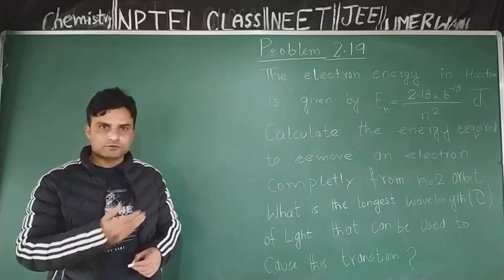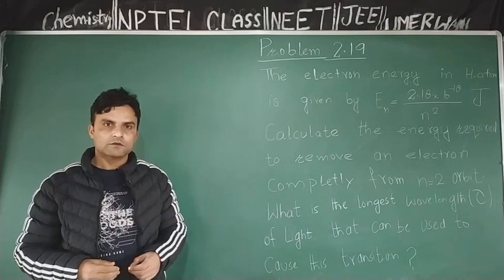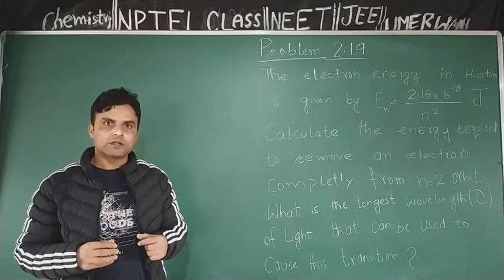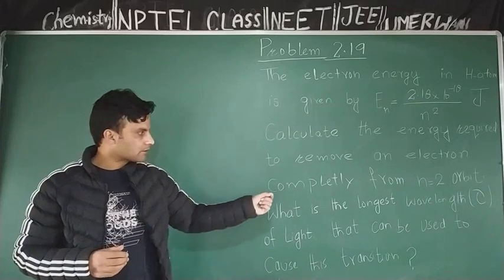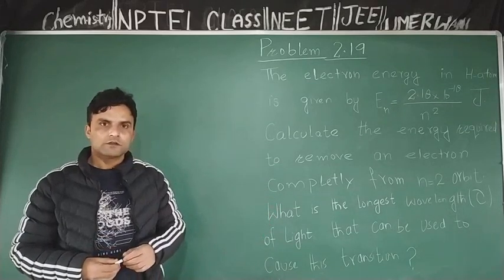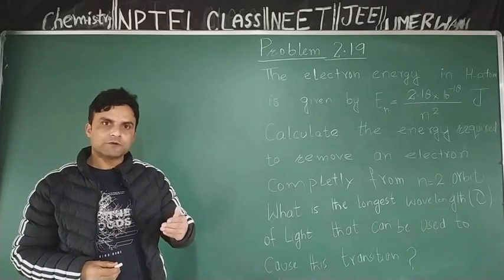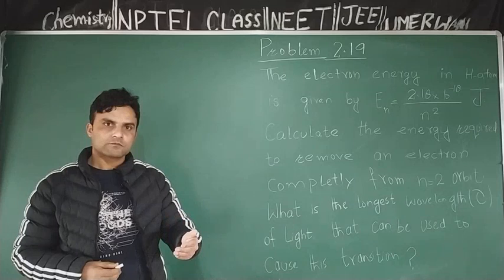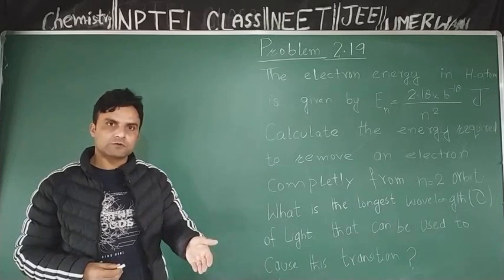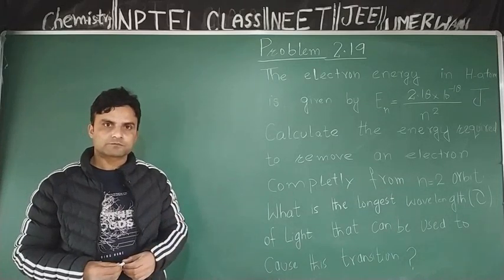Idea is to solve this problem. Idea is, first we need to have knowledge of energy of electron which is present in its second orbit. Then we need to have knowledge of energy of electron at infinite distance from nucleus, I mean at infinite orbit number.